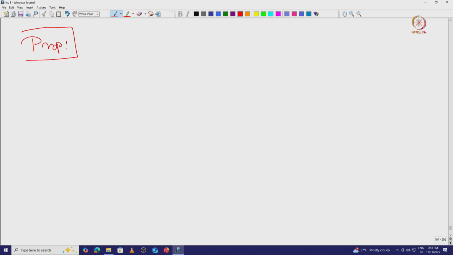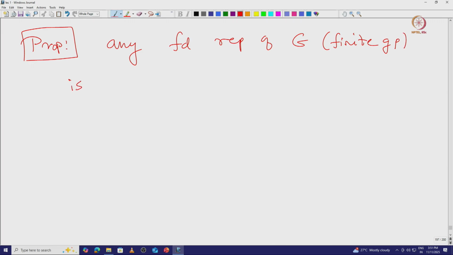So, this proposition says any finite dimensional representation of G, of course finite group, is equivalent to a unitary representation.